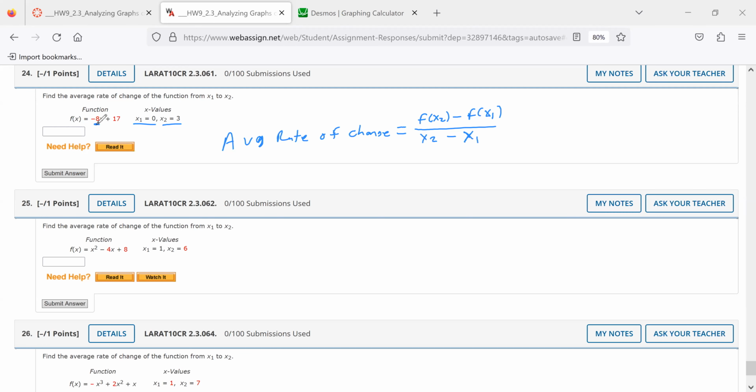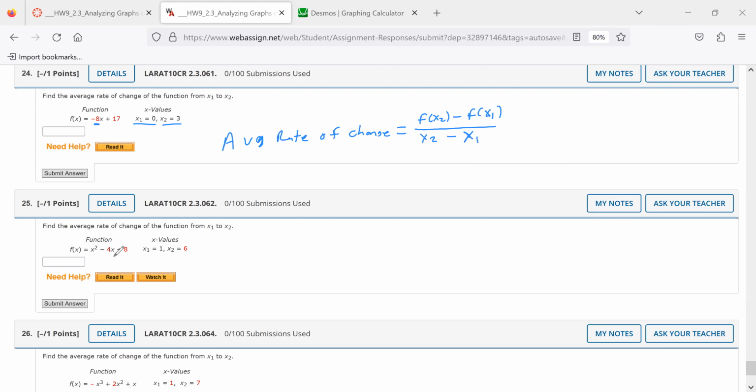The average rate doesn't change because it's a line. So the slope will be the average rate of change because it is a slope formula. So if you use a slope formula on a line, you get the slope, which is right there. So let's do it on this one instead. So we need f of x2 and f of x1.